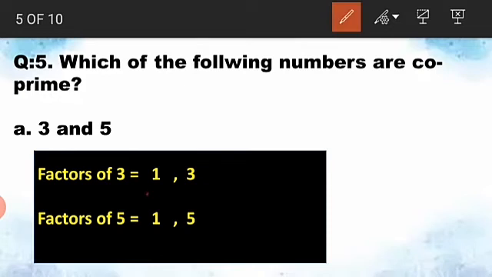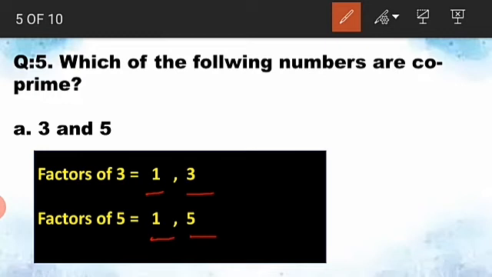As every number is a factor of 1 and itself. 3 is not the multiple of any other number except 1 and 3, and 5 is also not the multiple of any other number except 1 and 5. So we can say that the numbers 3 and 5 have only two factors, 1 and itself.